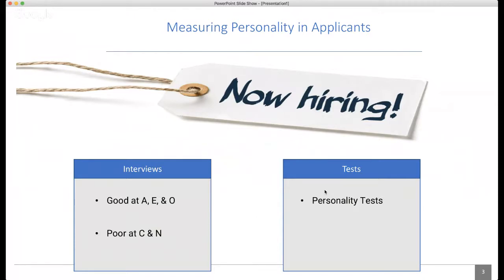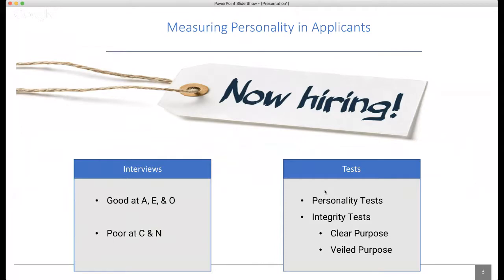We can also give integrity tests. So these are another kind of test that we can give to try to measure how much integrity, how honest an employee is. The textbook talks about this in terms of integrity tests that have a clear purpose, so you know they're measuring your integrity, and integrity tests that have a veiled purpose, so you don't actually know that they're measuring your integrity, but there will be a series of questions that might ask you about your level of honesty.